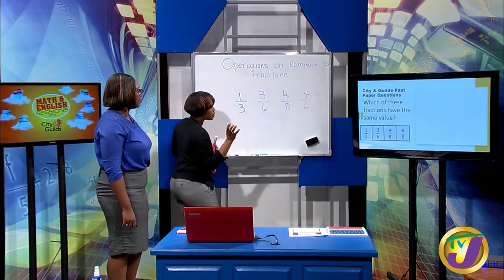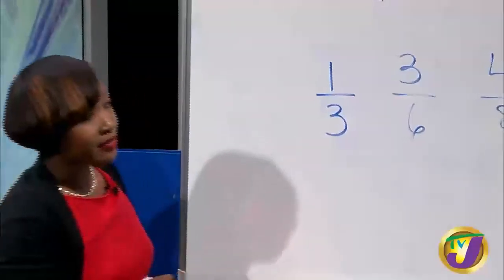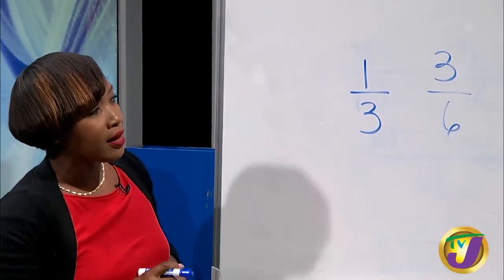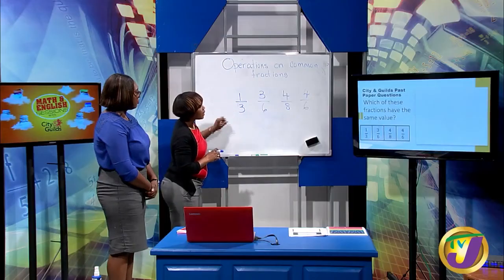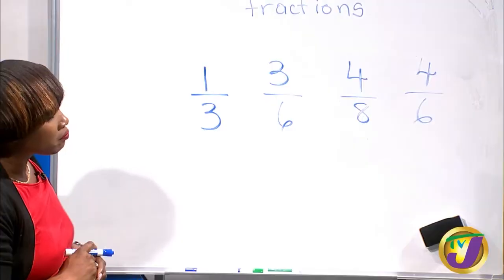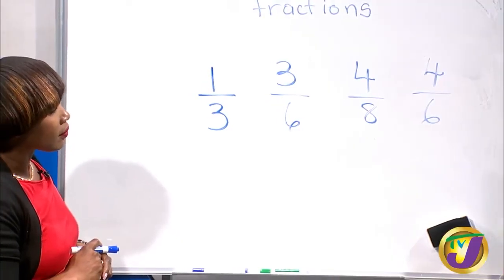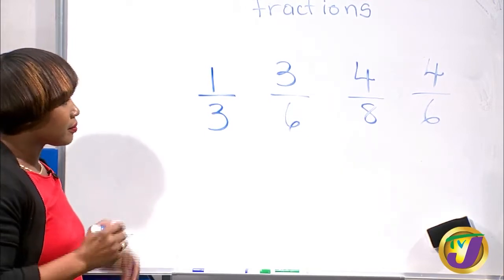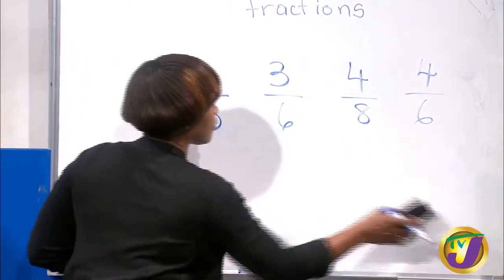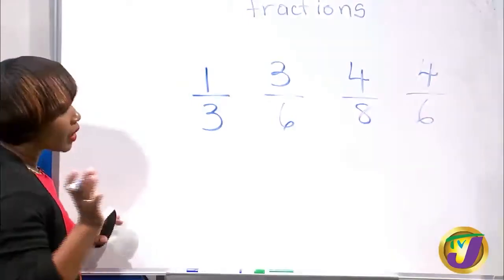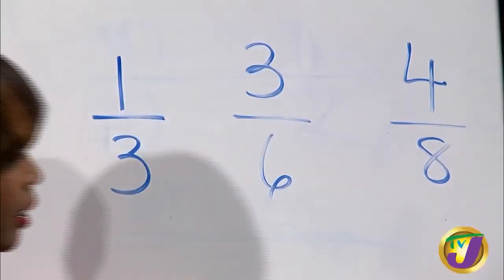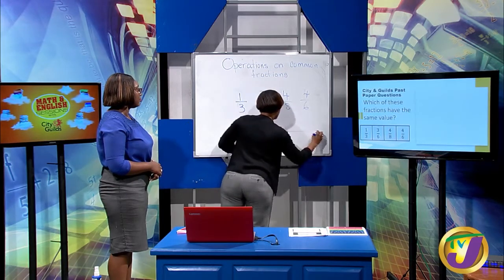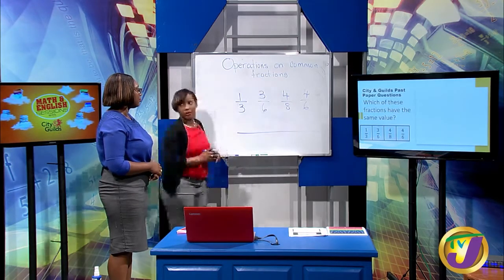Now, let's look at what this represents. We want to benchmark these fractions and see where we're going with it. Is there anything here that may look like a third? We may have to simplify our fractions. Or is there a multiple that all these denominators can be referred to?